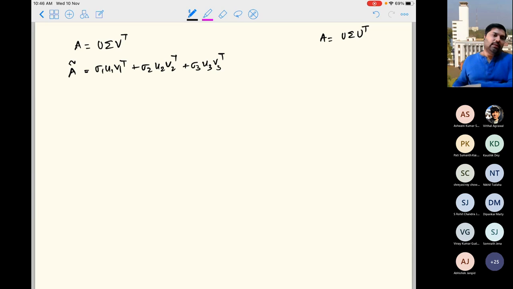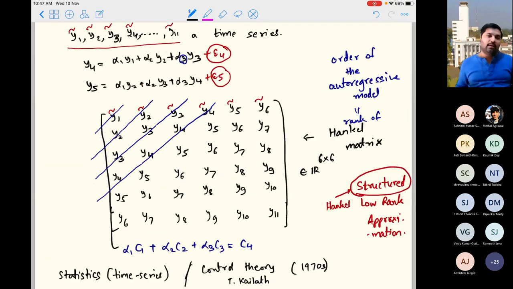You just forget the 3 singular values which were not dominant and only consider the dominant first 3 singular values corresponding to the order of the model. Then for this A tilde that you get, there is no guarantee that this A tilde will be a Hankel matrix.